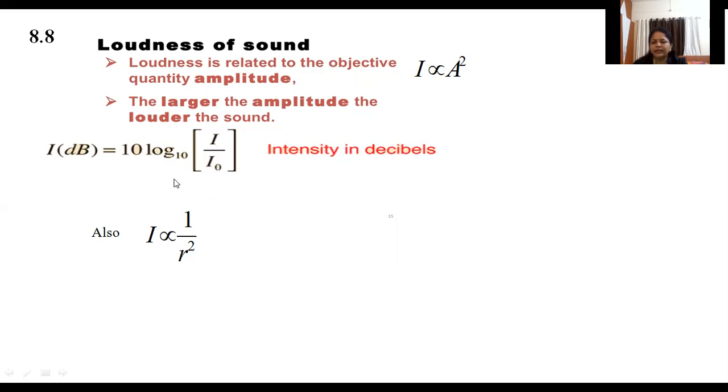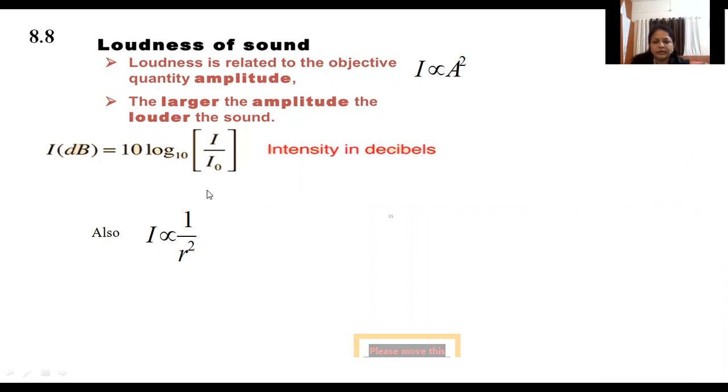So when we double the intensity, it does not mean the sound also becomes double, but it is a logarithmic or exponential scale, and this is the I, that is the intensity.